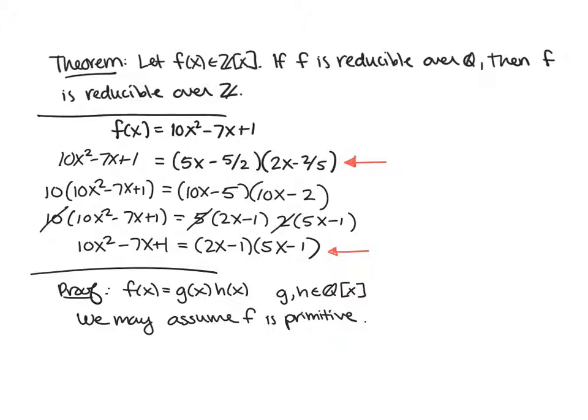So we're going to mimic what we did in the example. So g and h, the coefficients are rational numbers, so they might have denominators. So the first thing you want to do is rewrite g and h so that all your coefficients have a common denominator.